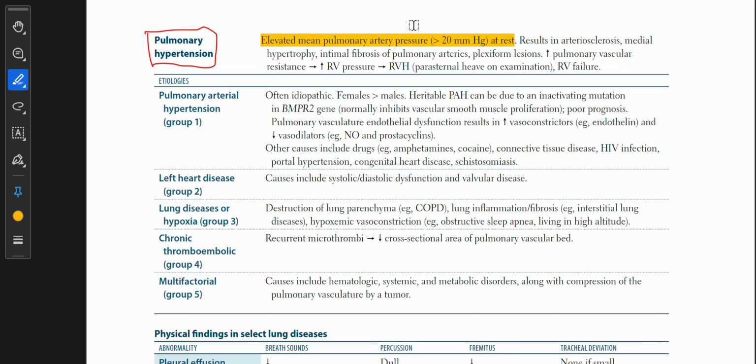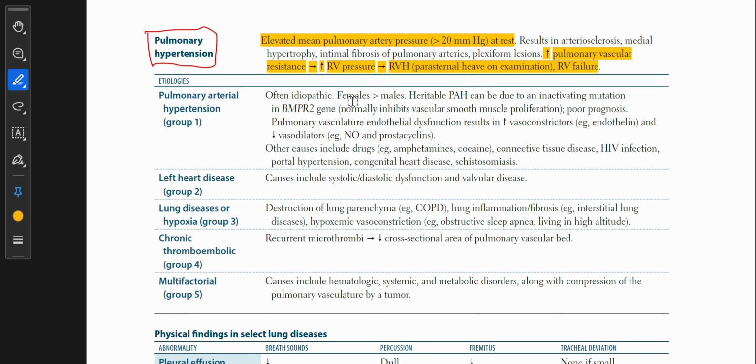Elevated mean pulmonary arterial pressure should be greater than 20 mmHg at rest, and it results in arteriosclerosis, medial hypertrophy, intimal fibrosis of pulmonary arteries, and also plexiform lesions, right? So increase in pulmonary vascular resistance will lead to increase in right ventricular pressure that causes right ventricle hypertrophy, that is parasternal heave on examination, and also right ventricular failure.